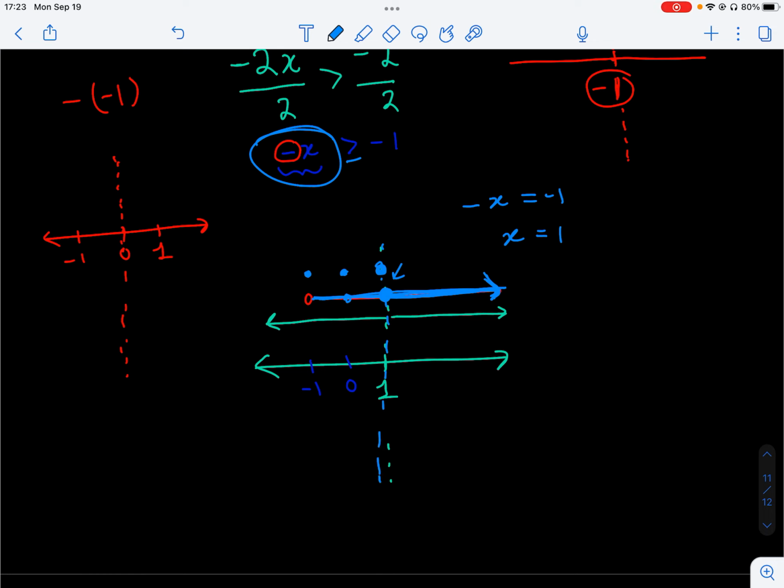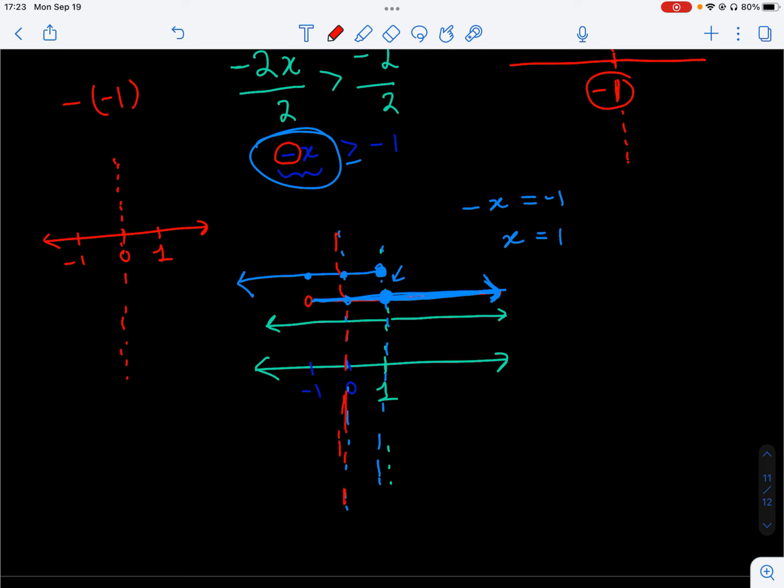And you may notice, if I were to start here and then travel in the direction of my solutions, it's like we just flipped this solution set that was for the initial expression, but we're taking the opposite of it. We flipped it across the great zero dividing line. So here's 0. We're kind of flipping all of these points across this line.